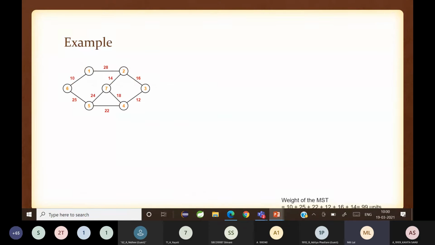Now this is the example. Can you see the figure here?